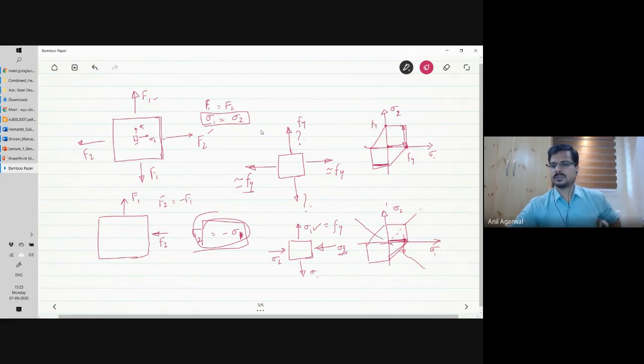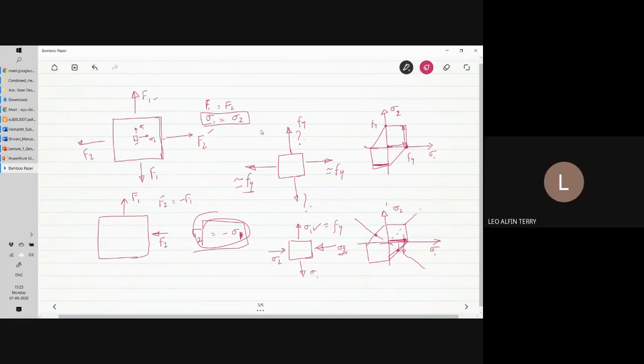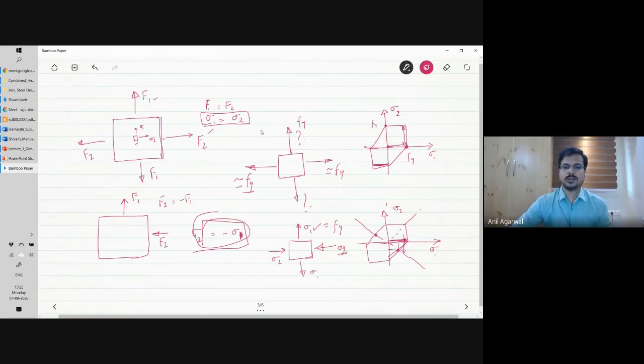So if sigma 1 is equal to minus sigma 2, how much sigma can you apply before it yields? This way or this way? Fy by 2. Exactly.